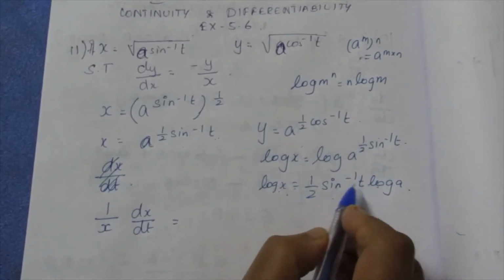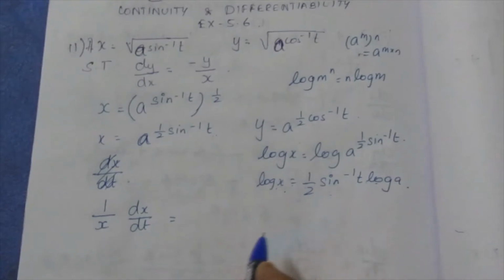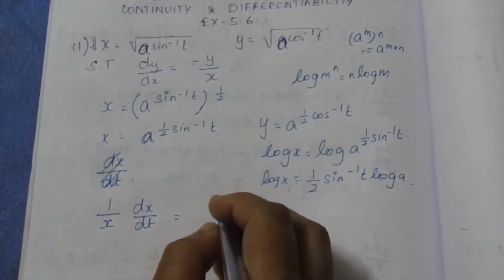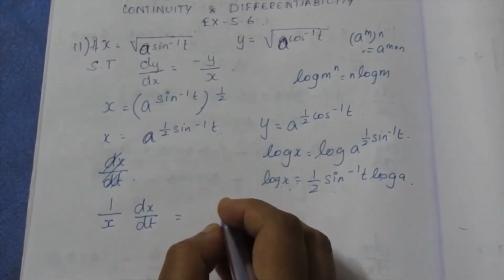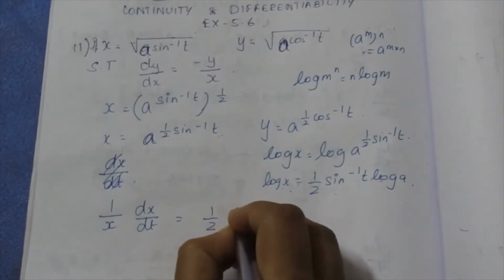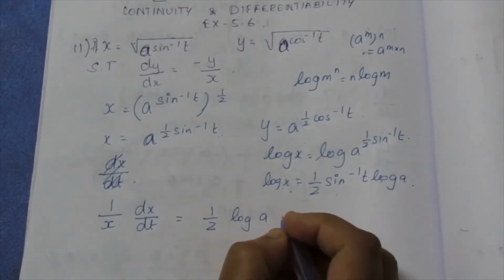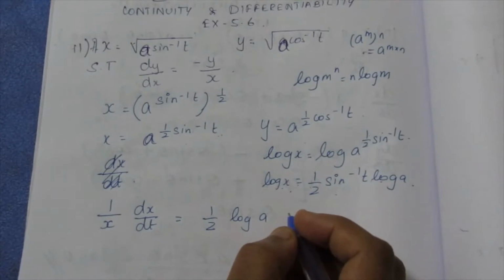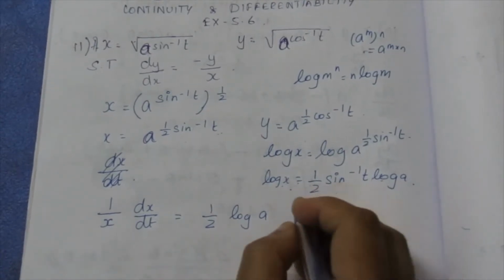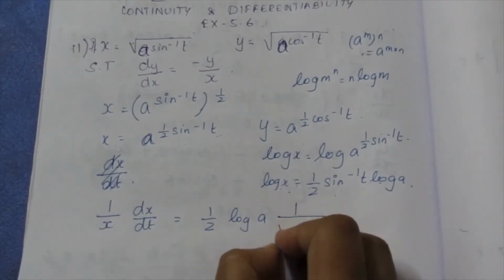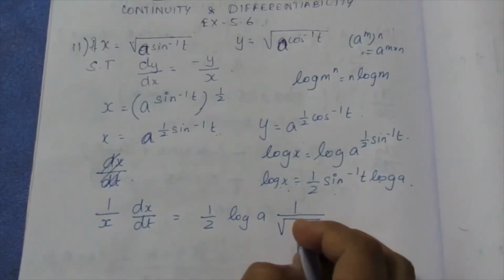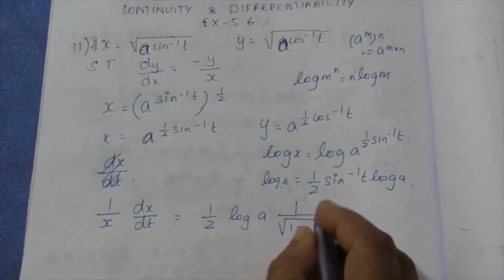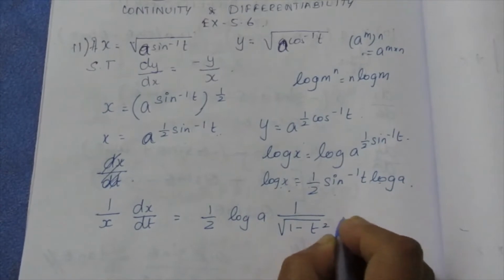Half log a will become a coefficient, and only we are going to differentiate sin inverse t. So half log a will remain the same. Sin inverse t formula is 1 by root of 1 minus t square.